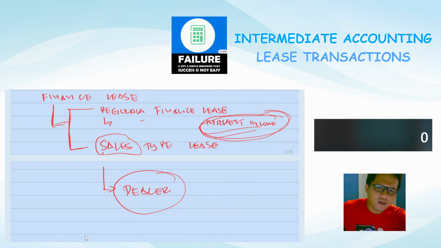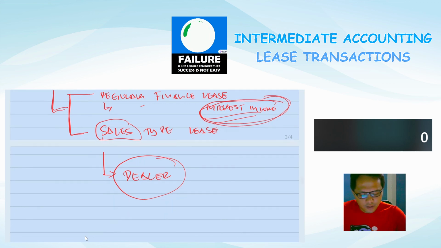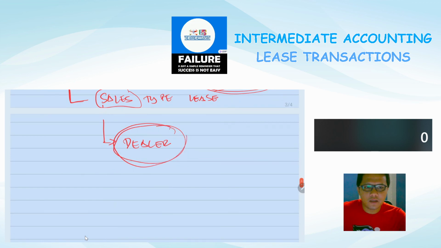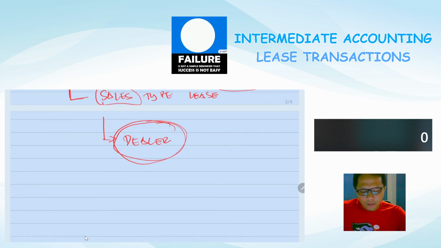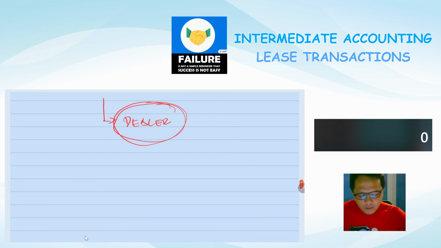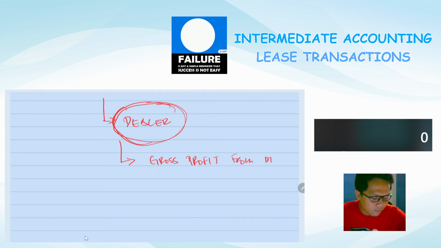Now, in a sales type lease, because you are a dealer, you will recognize, number one, a gross profit from the sale and interest income. Okay?